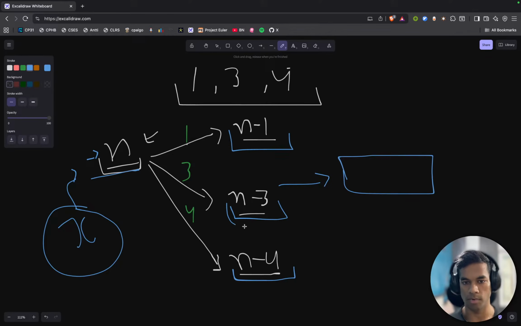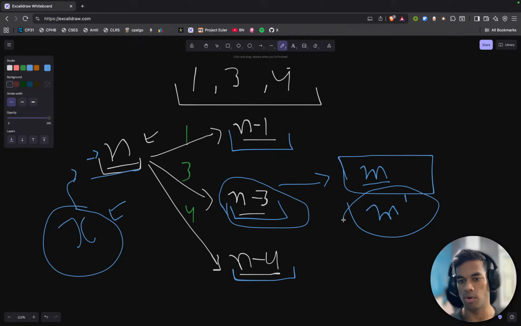Let's say this subproblem n minus 3, the solution that we used to get to x had used some m amount of coins. But let's say by contradiction, this m is not optimal, but an actual answer we could have used m dash amount of coins to get to a sum of n minus 3.